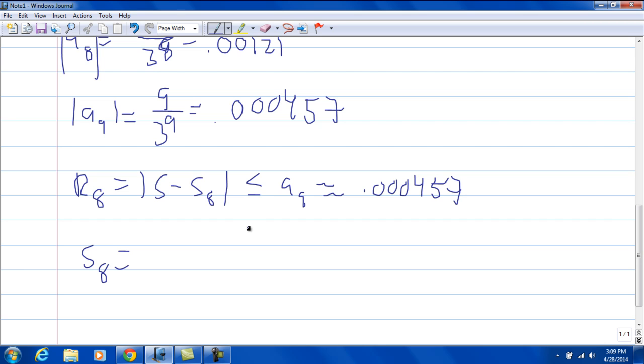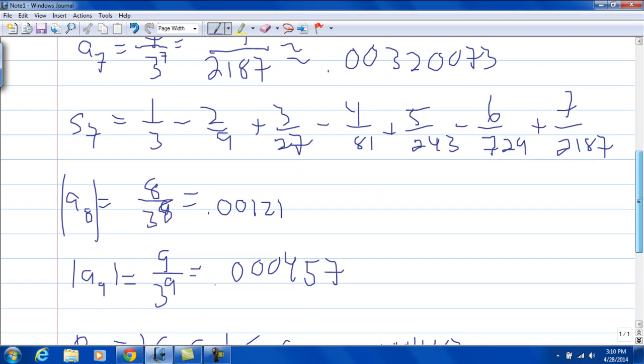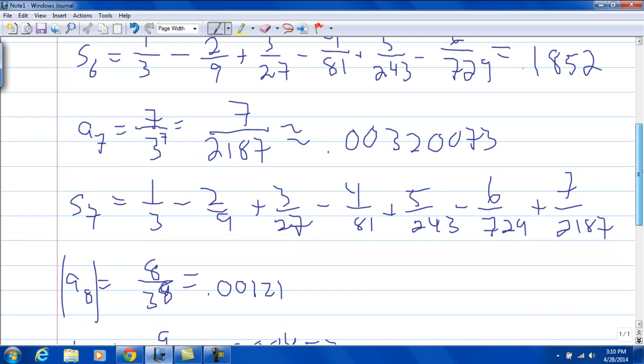That value plus that value minus the 8th term. And our approximation is 0.1872. And before our approximation was 0.1852.